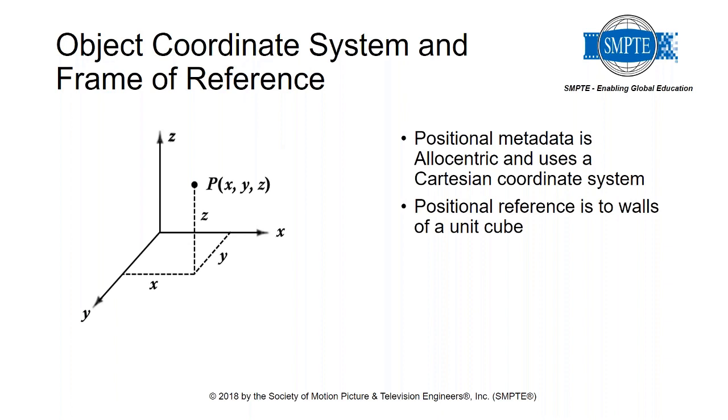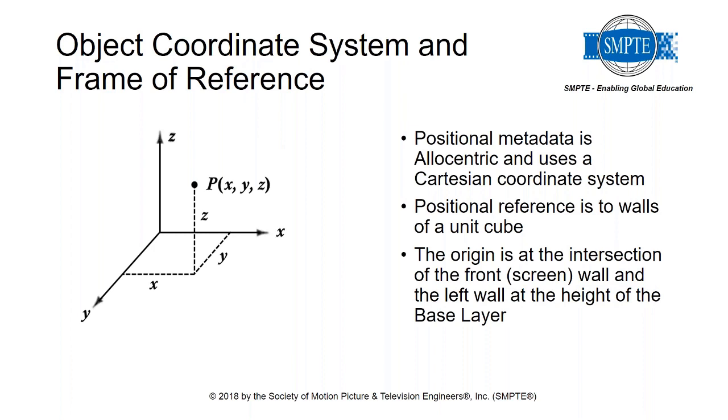And the positional reference is assigned to be the walls of a unit cube. That means the cube has a dimension of 1 on all sides, so all the axes go from 0 to 1, with 0 being one wall and 1 being the other.